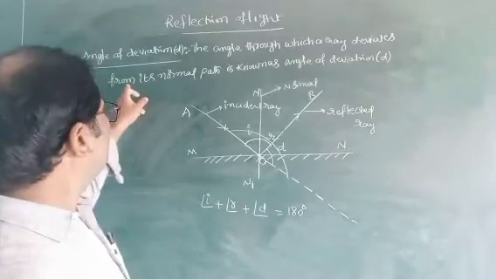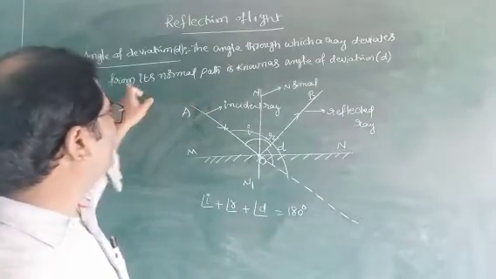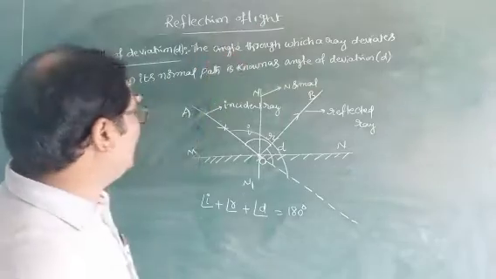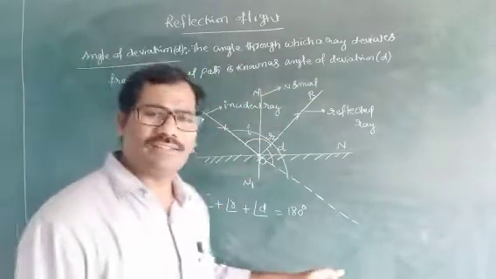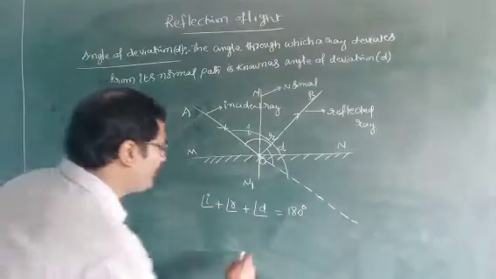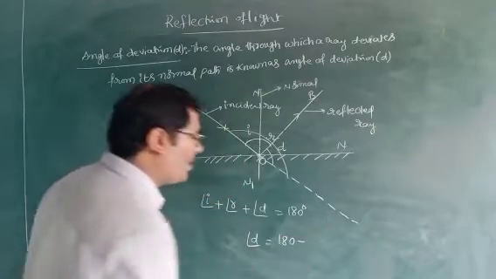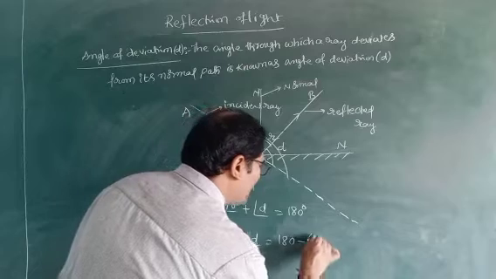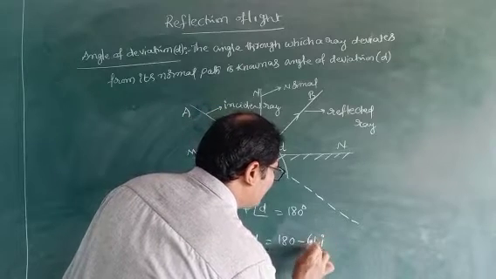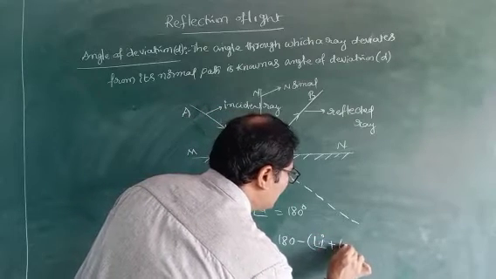That means the angle through which a ray deviates from its path, the angle of deviation D, is equal to 180 minus the sum of angle I and angle R.